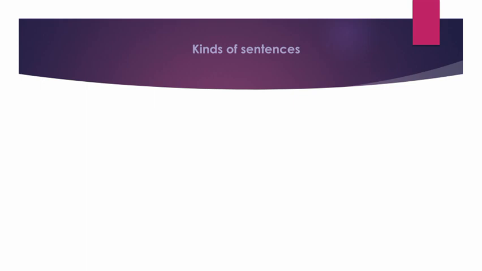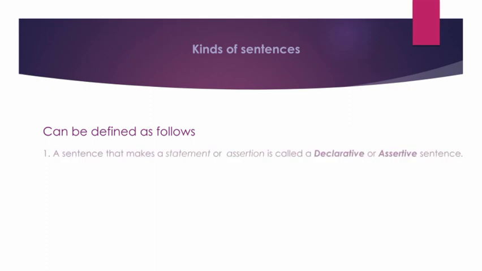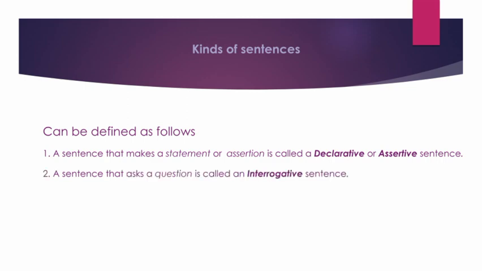So we will give certain names to these types of sentences. It will be coming as follows. A sentence that makes a statement or assertion will be called declarative or assertive sentences. Then the second one that asks a question is called interrogative sentences.